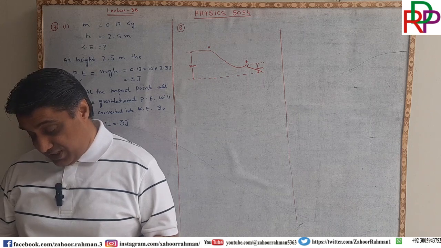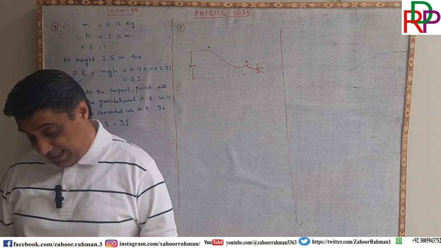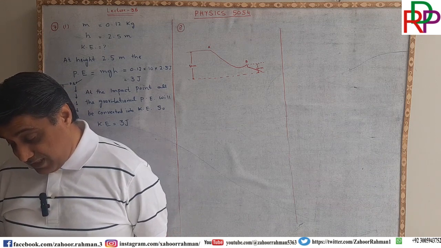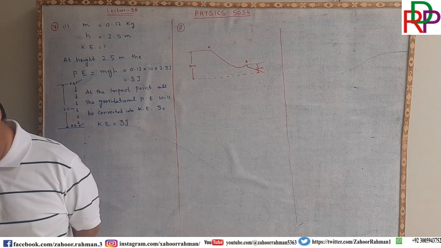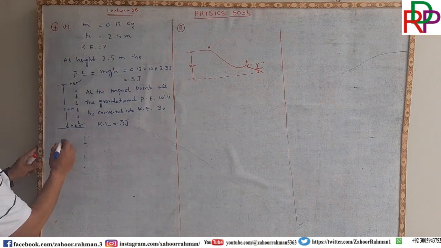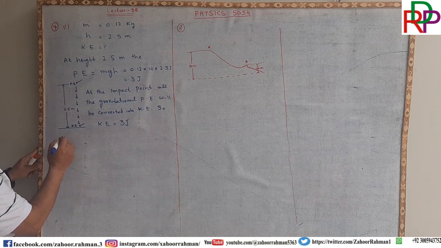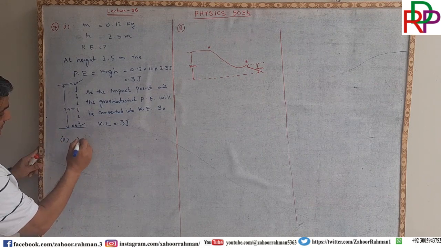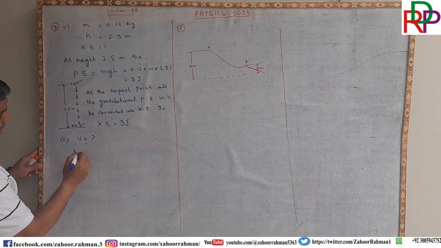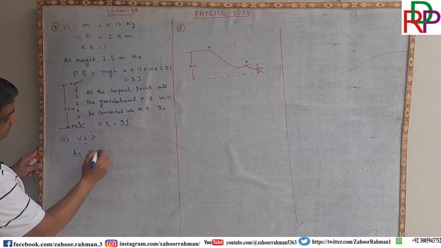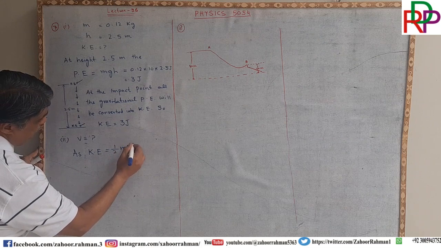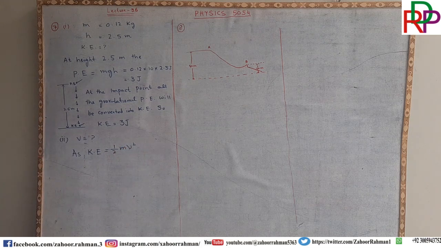Now, the second part is saying that calculate the velocity of the ball just before it hits the ground. So, here in the second part, we will find the velocity, which is v. As kinetic energy is equal to 1 over 2 mv square.